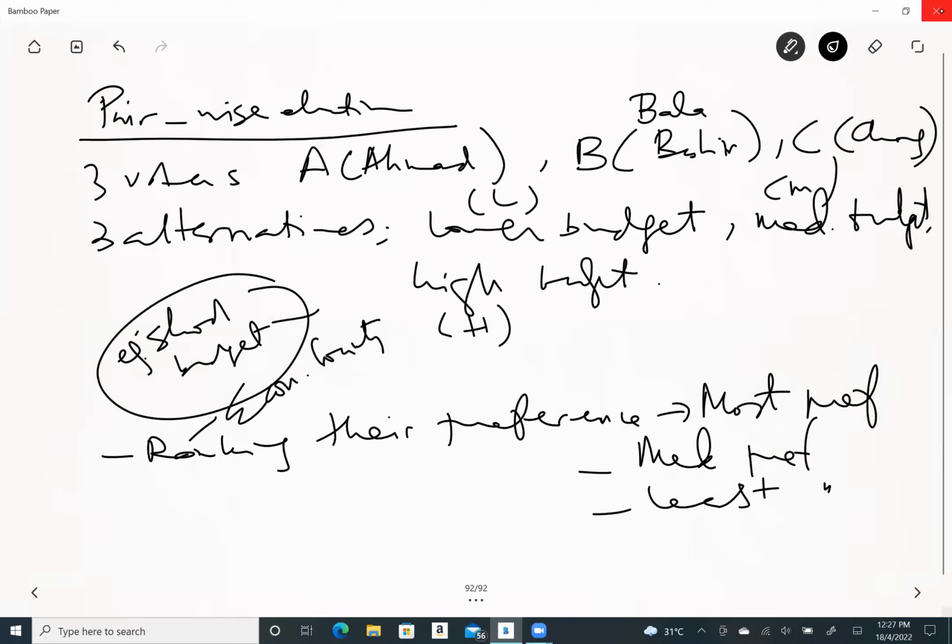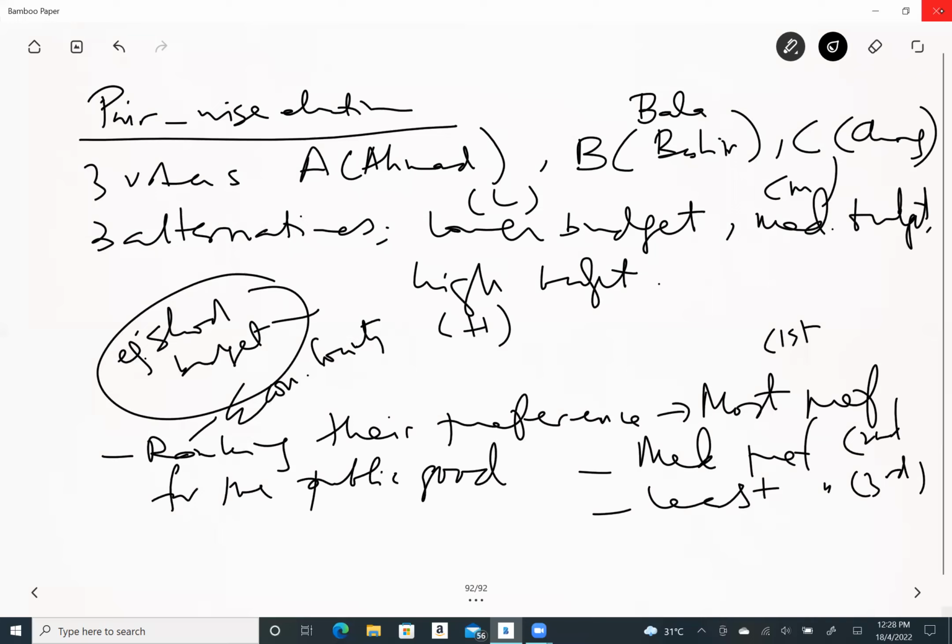Or you can put here first choice, second choice, third choice. So we can rank the preference of the 3 alternatives like this. Most preferred, medium preferred, or least preferred. So ranking their preference for the public good.